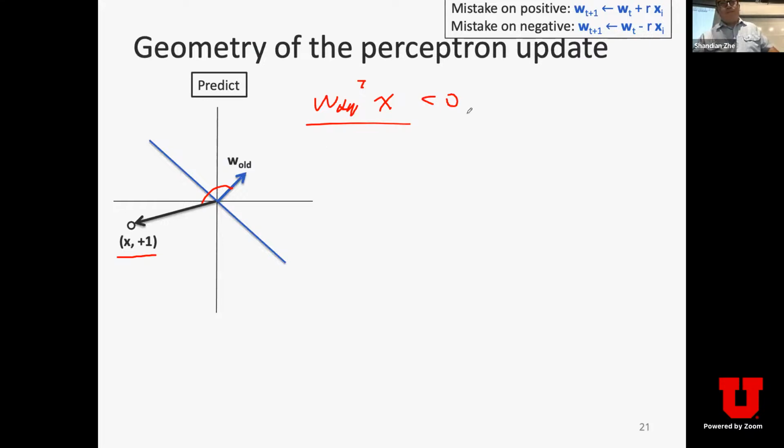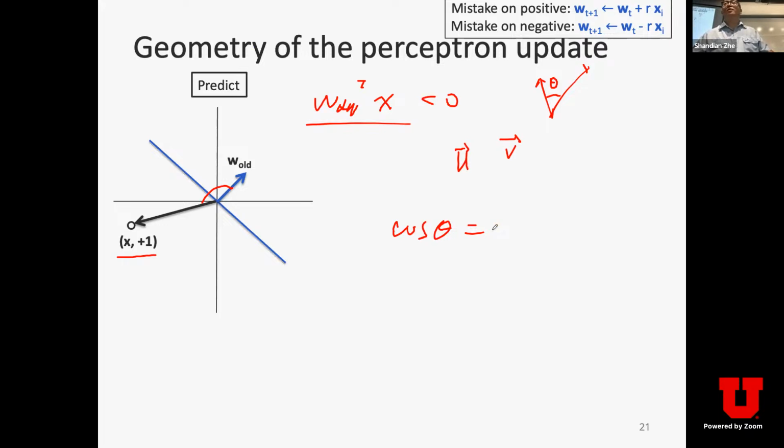If you still feel uncomfortable, I'll just throw out the definition. For any two vectors u and v in arbitrary dimensional space, they must have some angle between them. If we denote their angle by theta, what is cosine of theta?